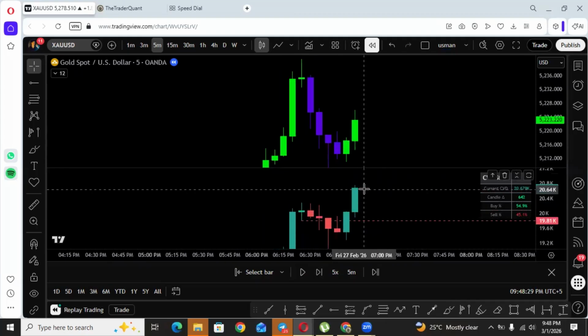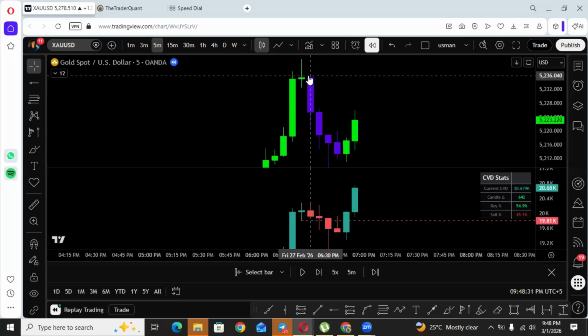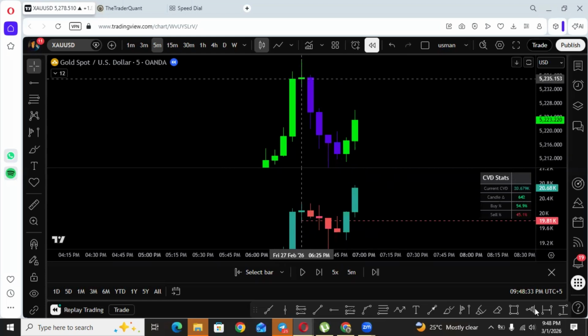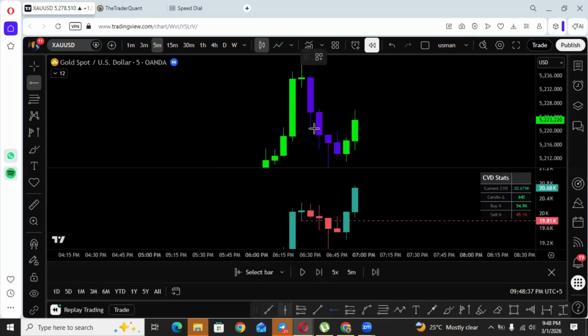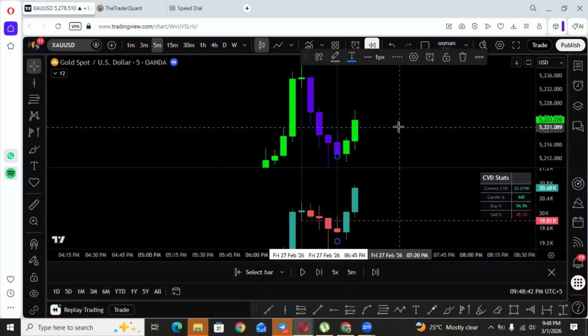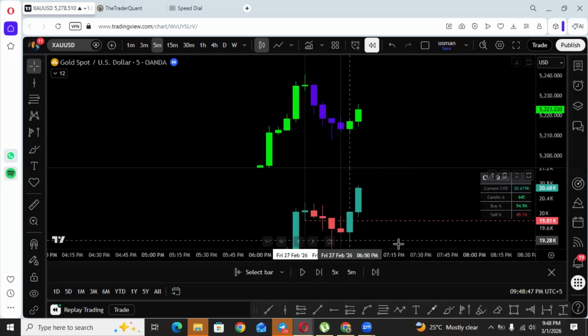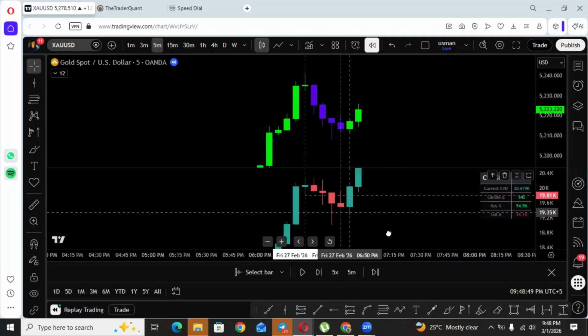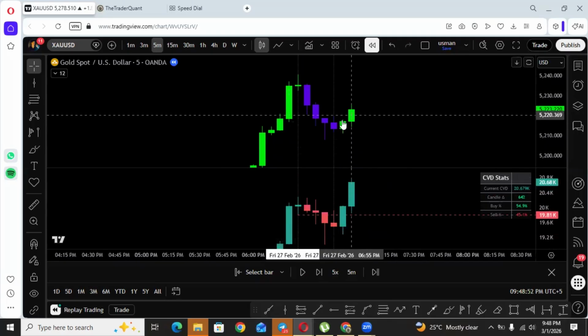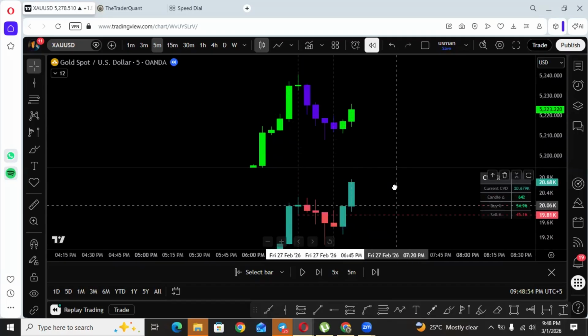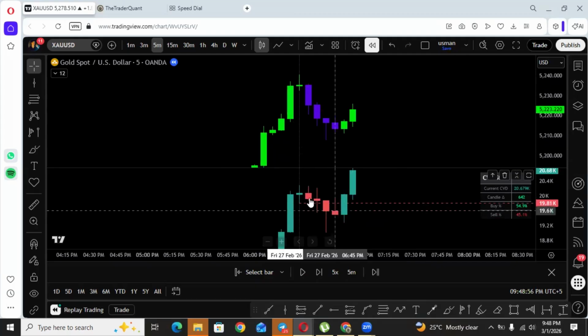Now again they have done strong buying. The amount of selling that happened from this point till this point, all of the orders that were executed to put the price down were these orders, and the amount of buying that happened in these two candles is more than the selling orders executed from these.